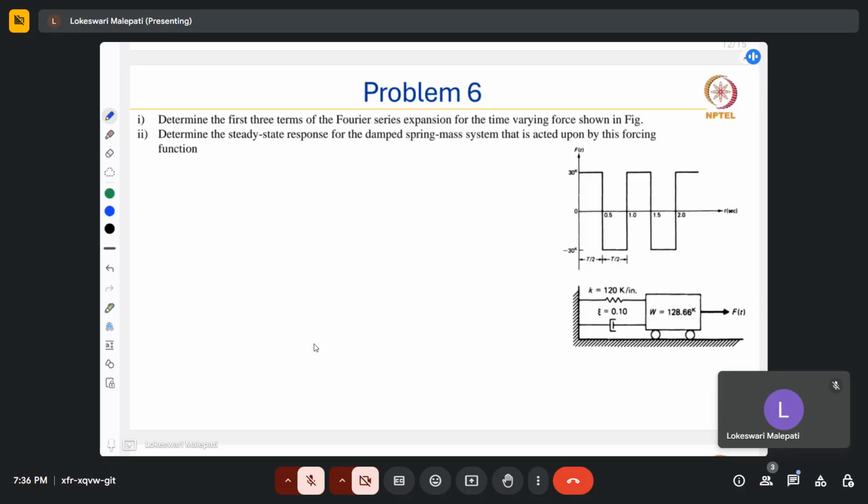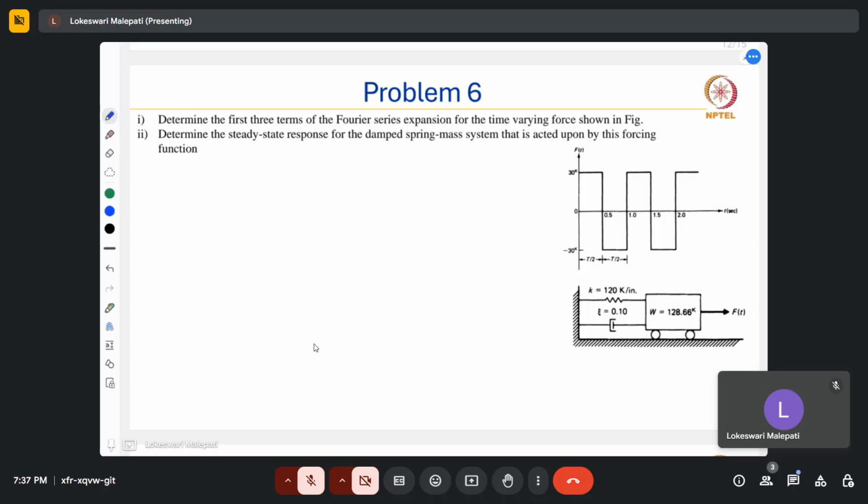Any kind of periodic force can be decomposed into an infinite number of sines and cosines using the Fourier series formula. For solving this problem, we will use the same principle. Once we have the Fourier components for the force, we can substitute in the response equation.